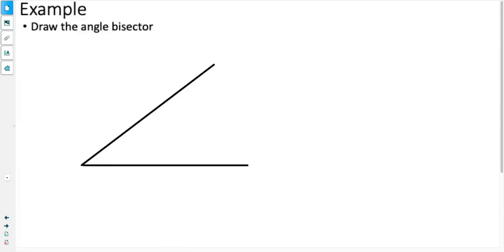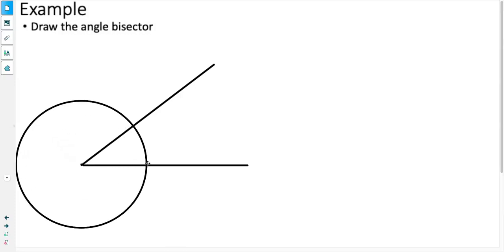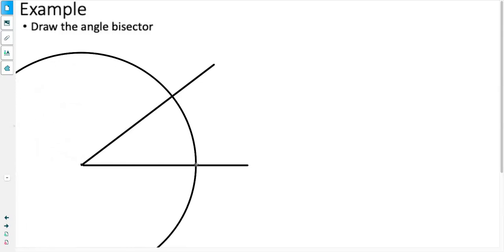So here's an example. We want to draw an angle bisector. So we'll start by drawing a circle or arc centered at where our two lines intersect. And then we'll draw two more circles or arcs that each have the same radius as each other. So I might, for example, just draw this one.